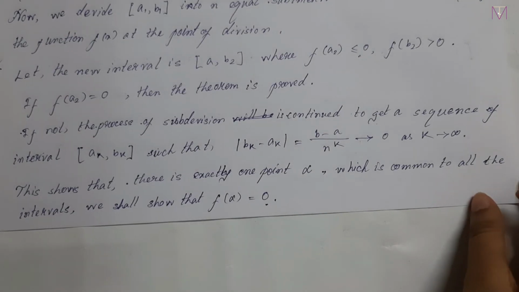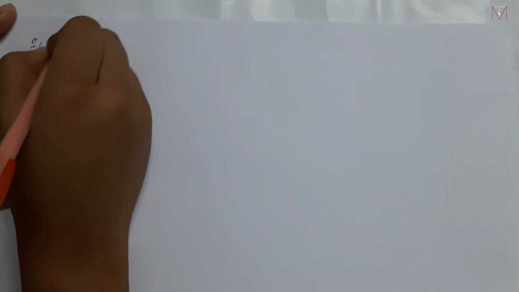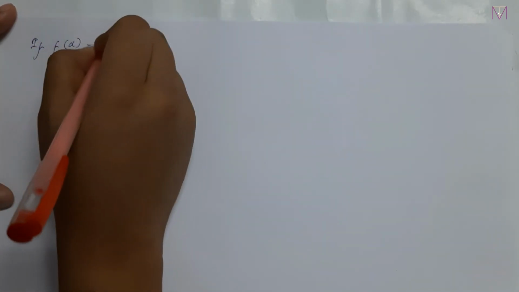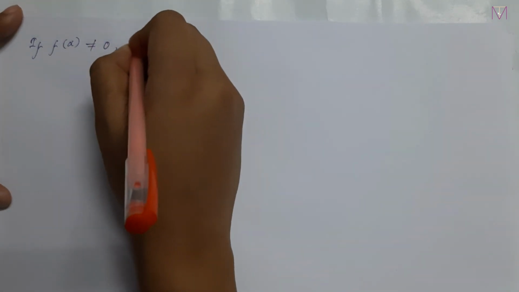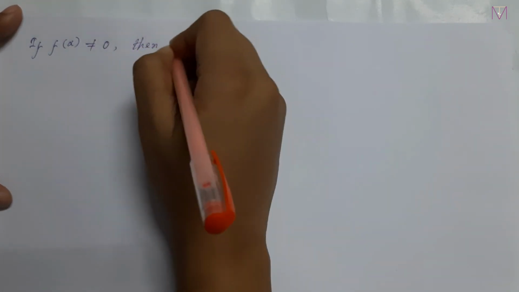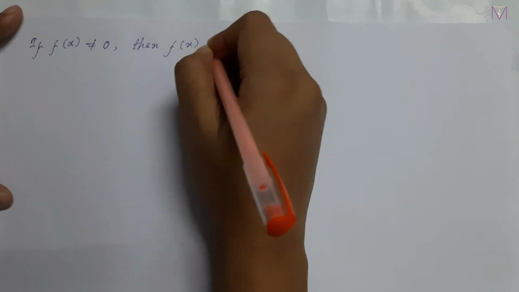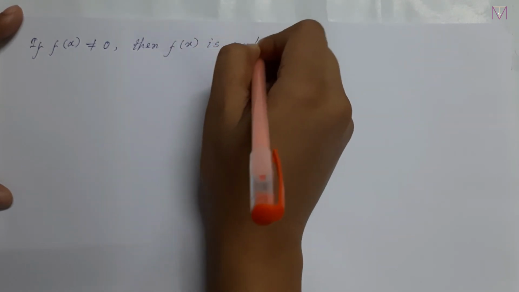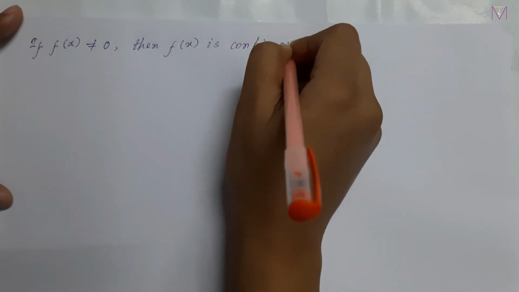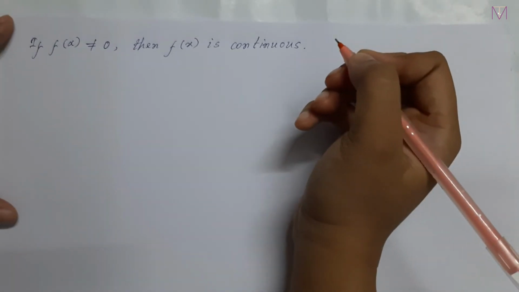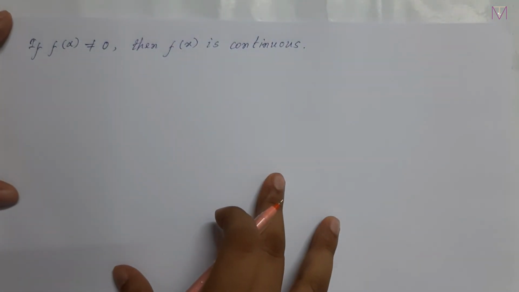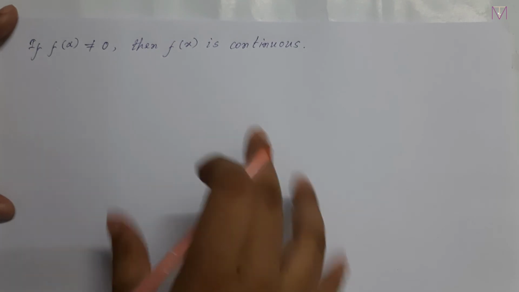Now let's move to that part. If f of alpha is not equal to 0, then we discussed that f of x is continuous, and then we will use the definition of continuity.